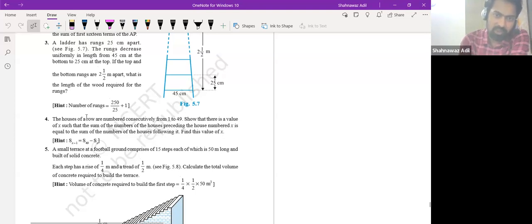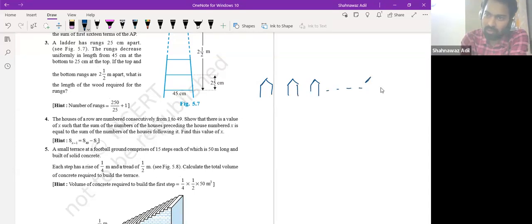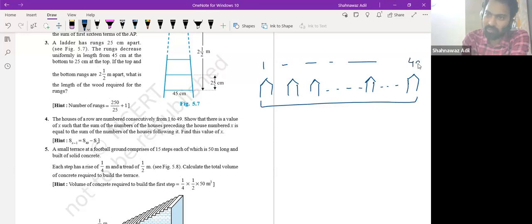Okay. So we have the houses of a row numbered consecutively. These are the houses that we have in a row, numbered 1 to 49.